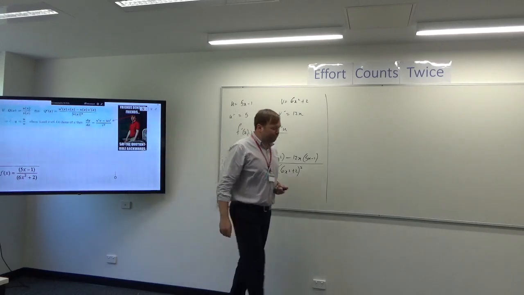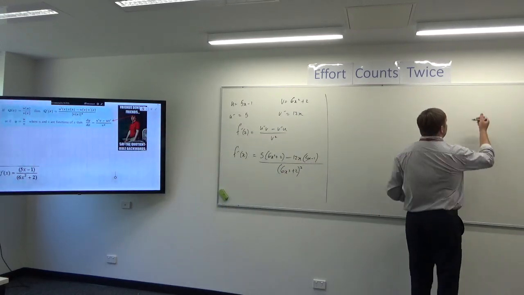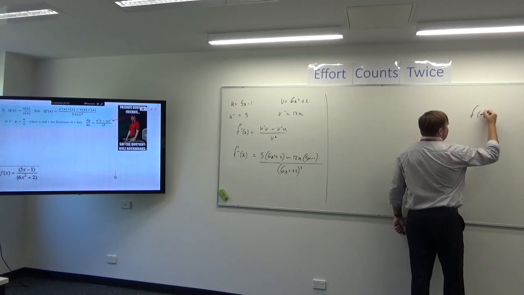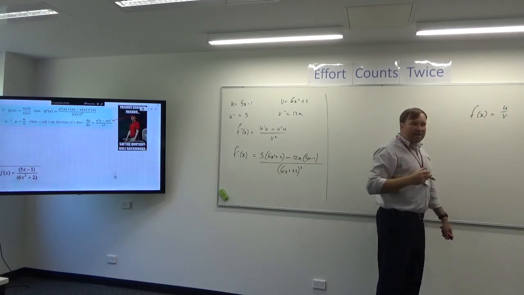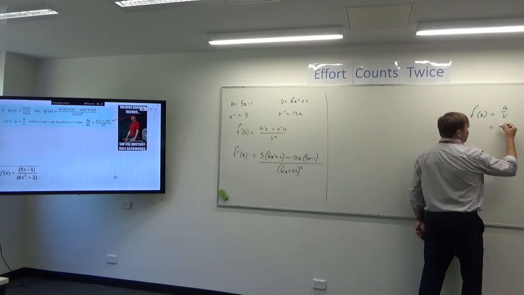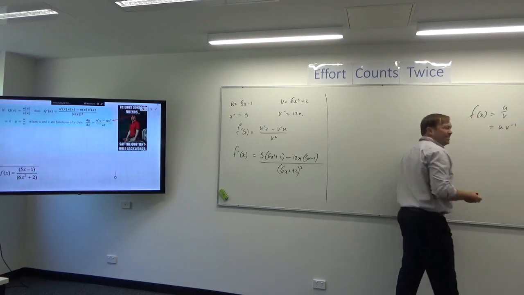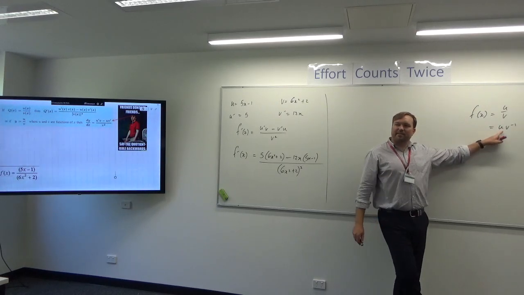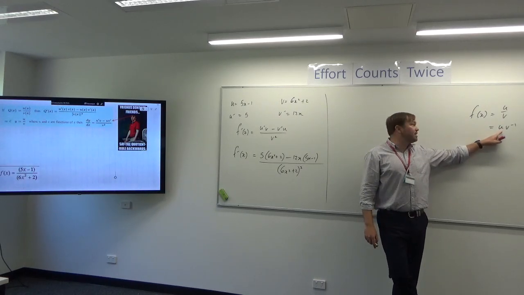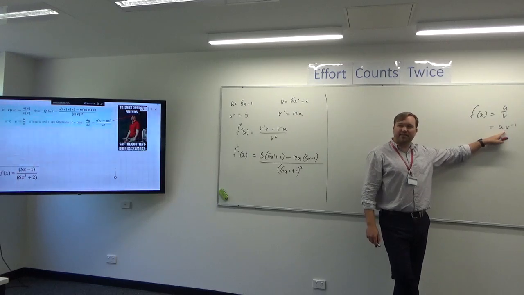One thing that's kind of interesting to know, if you guys see a function that's u on v, are you happy? You could also write that as uv to the minus 1. That's then a product rule setup, isn't it? Because it's two functions now multiplied by each other.